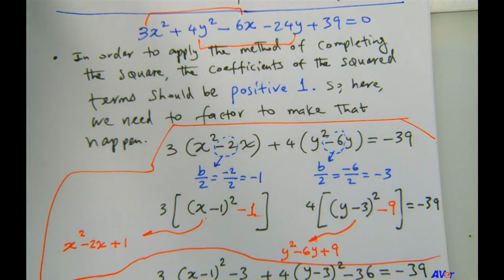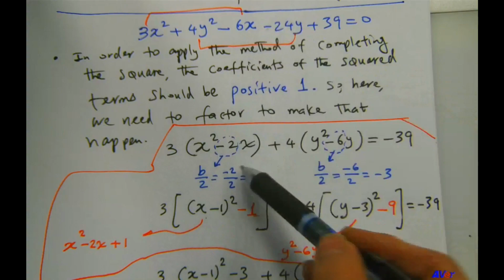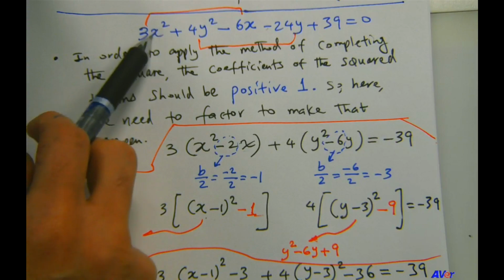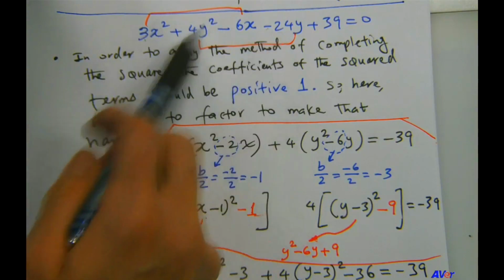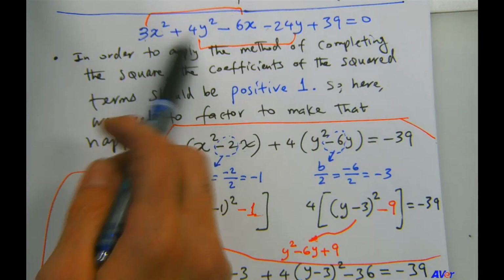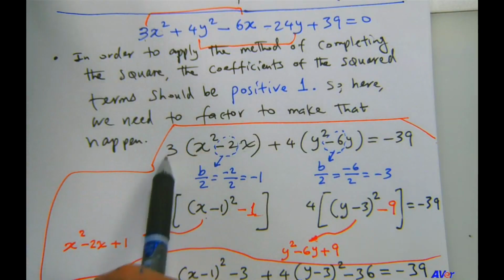I hope this helped you remember, if you didn't already know, what the method of completing the square is. Going from here to here should show you how we do that. Just remember, you cannot apply this method if the coefficient of the x squared term is other than positive 1. So you know you're going to have to factor that out.